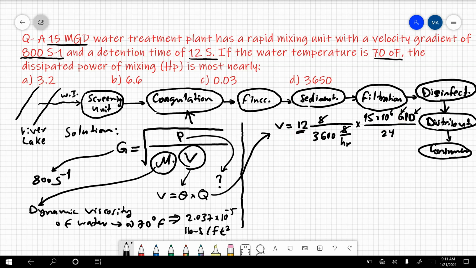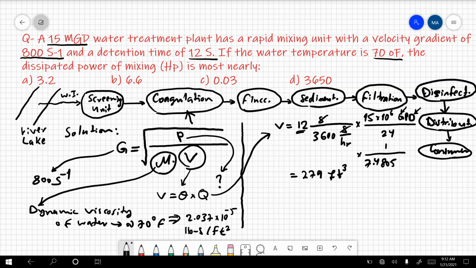To get into the equation, we need to convert the gallon to cubic feet, so we divide by 7.4805. We simplify this more to get our volume as 279 cubic feet.